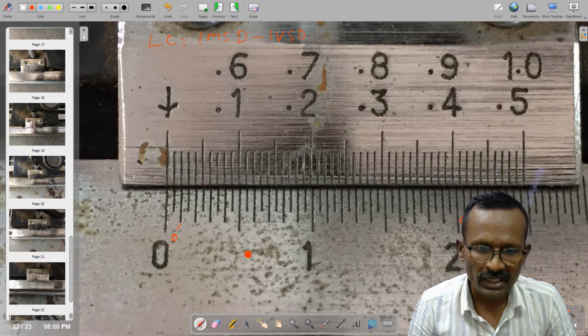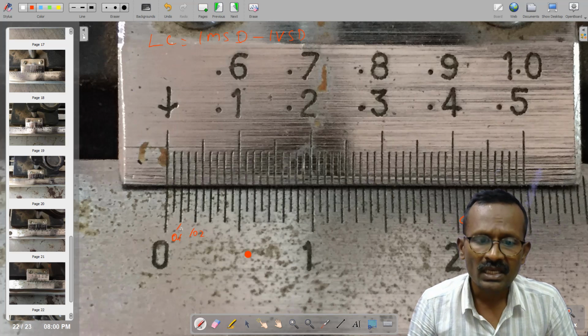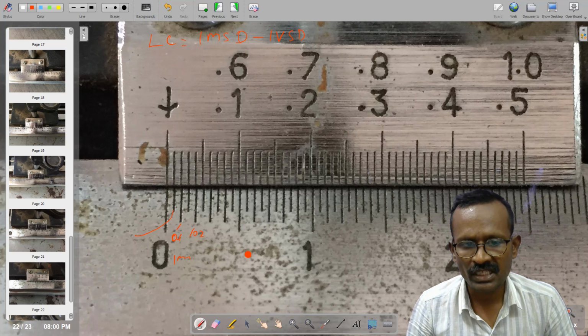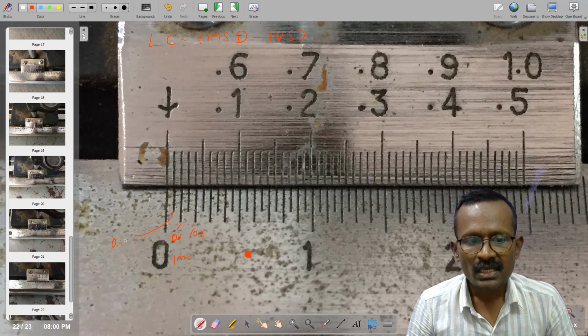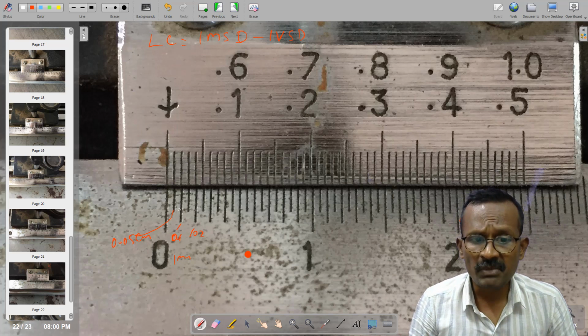This is 0.1 centimeter, this is 0.2 centimeter, 0.3 centimeter. If it is millimeter, this is 1 millimeter. What about this one in centimeter? 0.05 centimeter. If it is millimeter, 0.5 millimeter.